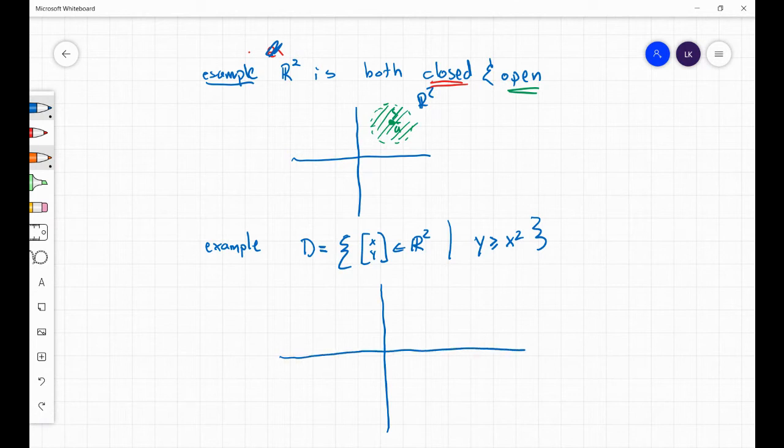Graphically, I see that the boundary is just the parabola y equals x squared. And part of the region is where y equals x squared, because we want y greater than or equal to x squared, meaning that we include that boundary in our region. And where y is greater than x squared is just above the parabola.